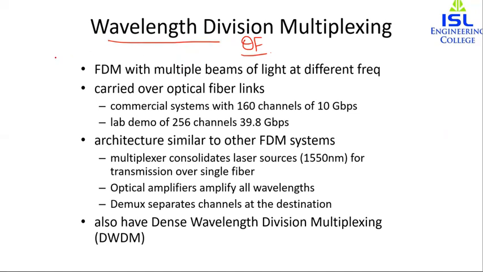The true potential of optical fiber is realized when multiple beams of light are transmitted at different frequencies on the same fiber, as we saw when studying transmission media, where transmission is done through light.